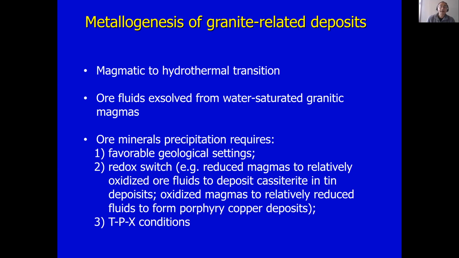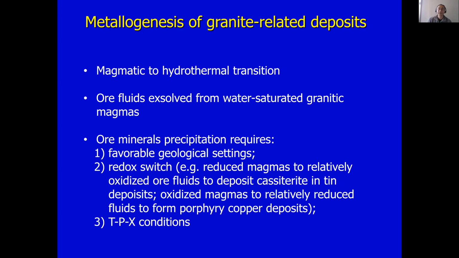Another thing you have to consider is the redox switch, as I call it. For example, reduced magmas to relatively oxidized fluids to deposit tin minerals like cassiterite in tin deposits. Because for buildup you need a reduced condition, but for mineral precipitation you need an elevated oxidized condition.